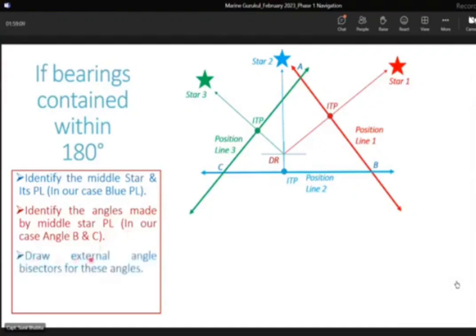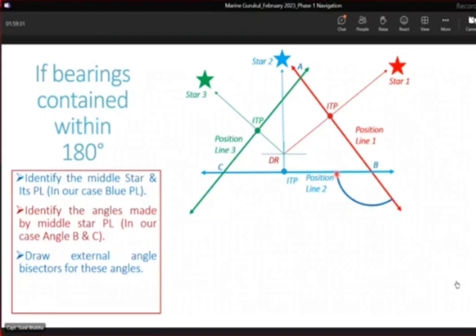And now we are going to draw the external angle bisectors for these angles. This angle which has come up in the diagram is known as the external angle Bravo. It is outside the triangle.